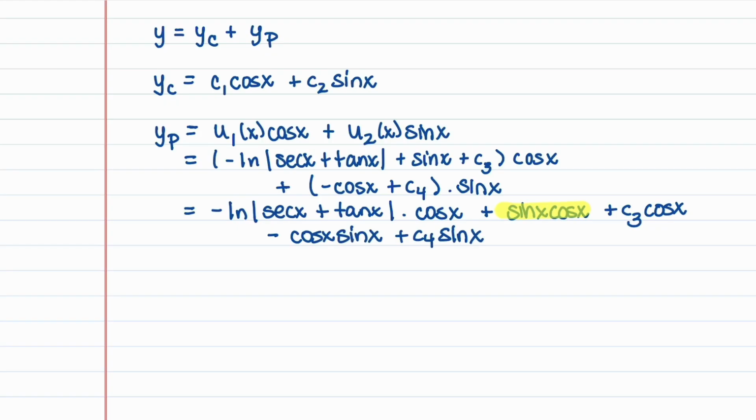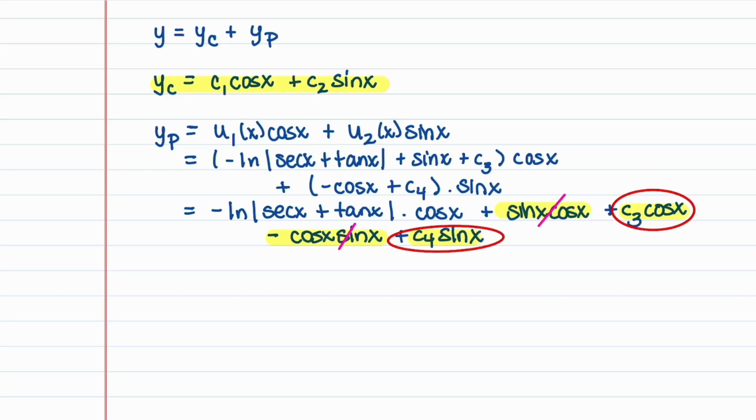Notice that this term is going to cancel with that term. And now let's look at these terms. We have C3 cosine x plus C4 sine x. If we look back up to the complementary solution right up here, C1 cosine plus C2 sine, you can see that this solution and this solution are just duplicates of those solutions.